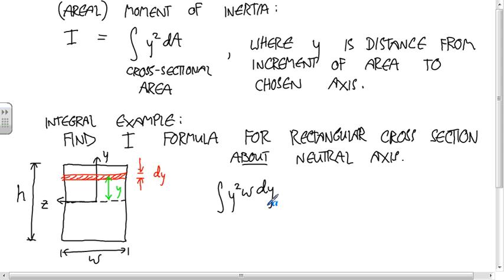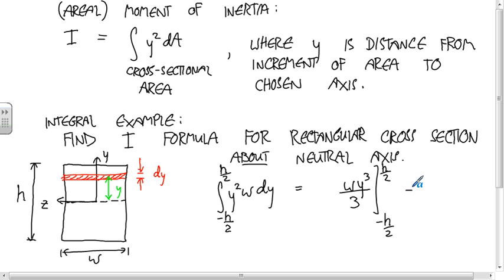So you got this. And then what are the boundaries of the integration? We're doing it with respect to y. Yeah, negative h over 2 to positive h over 2. And so you get w y to the third over 3 evaluated from negative h over 2 to h over 2.